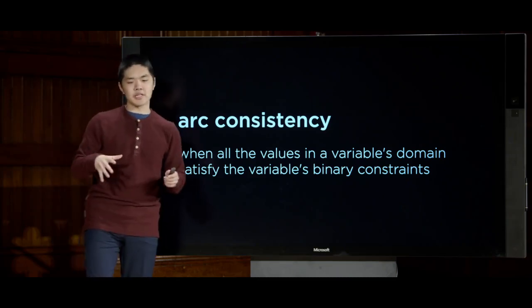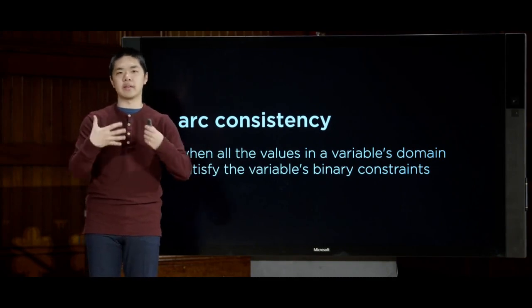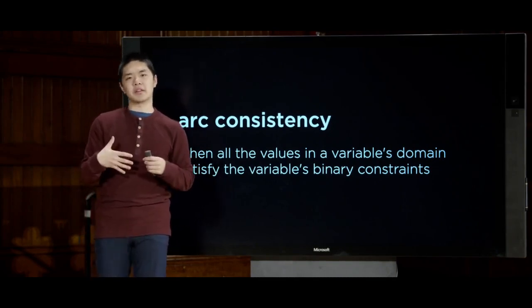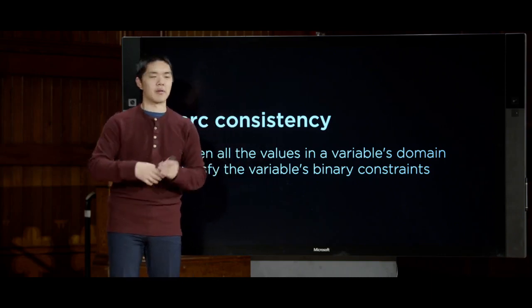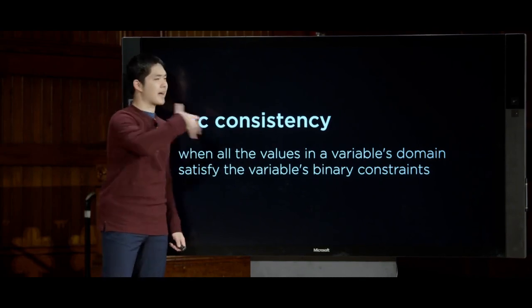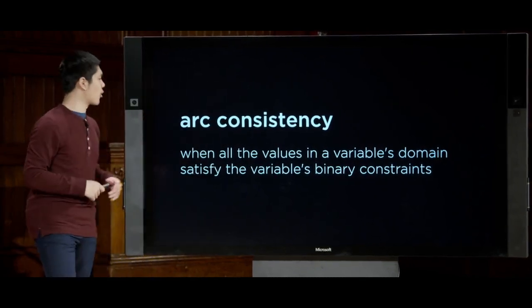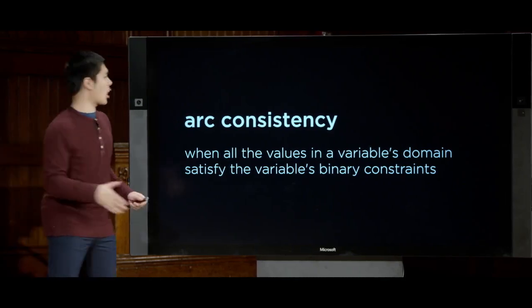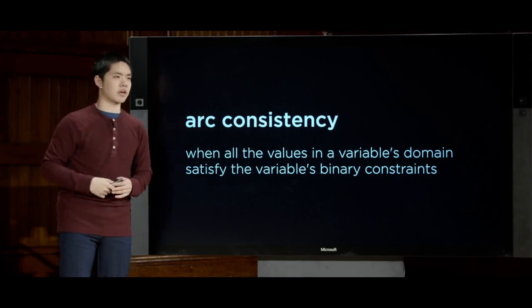So when we're trying to make A arc consistent, we're no longer just considering the unary constraints that involve A. We're trying to consider all of the binary constraints that involve A as well. So any edge that connects A to another variable inside of that constraint graph that we were taking a look at before. And arc really is just another word for an edge that connects two of these nodes inside of our constraint graph.